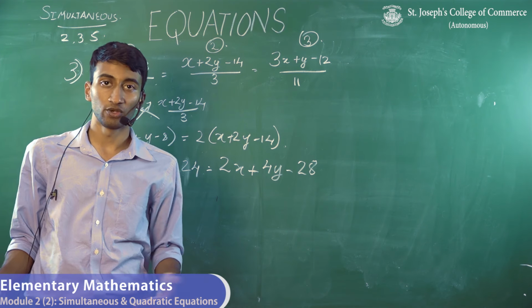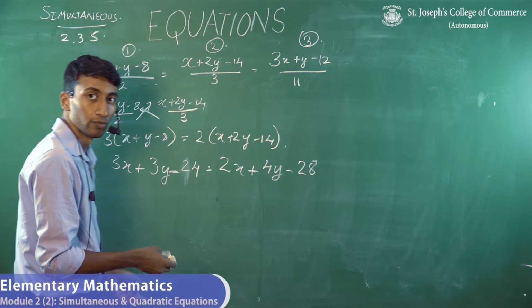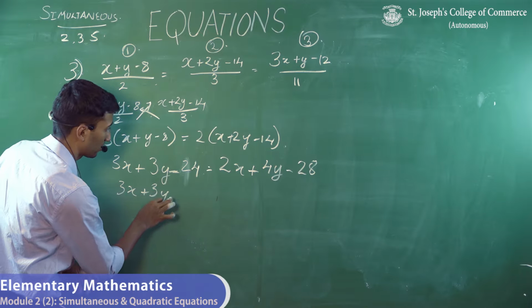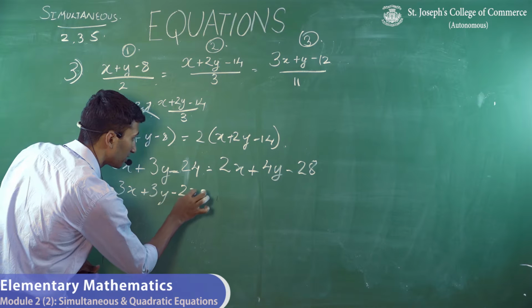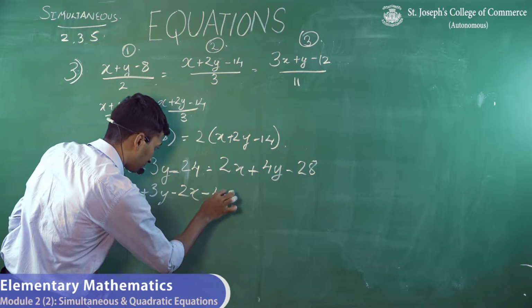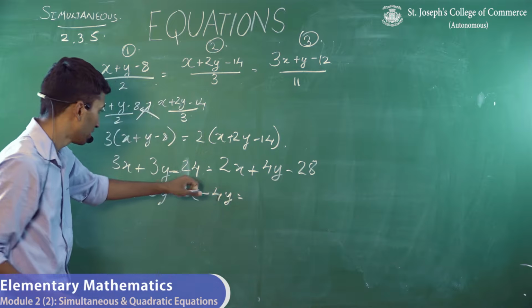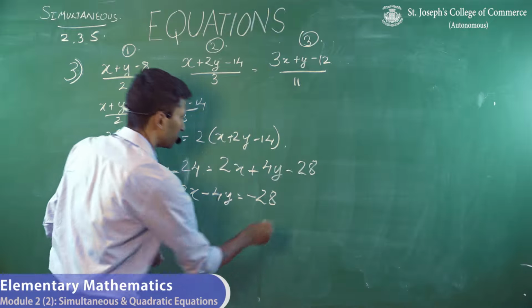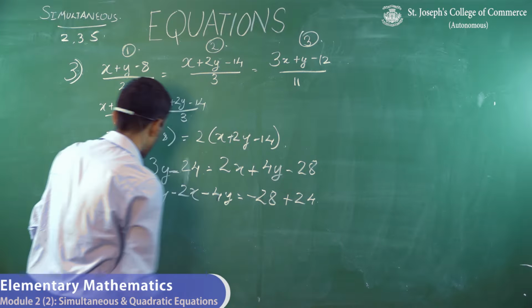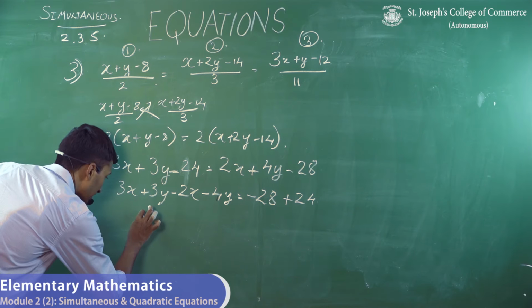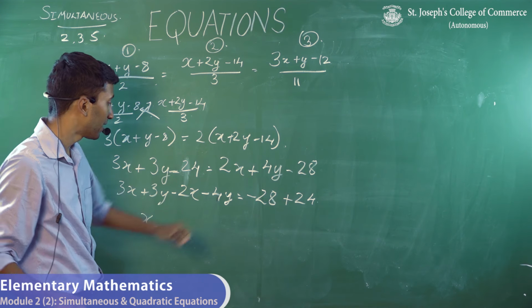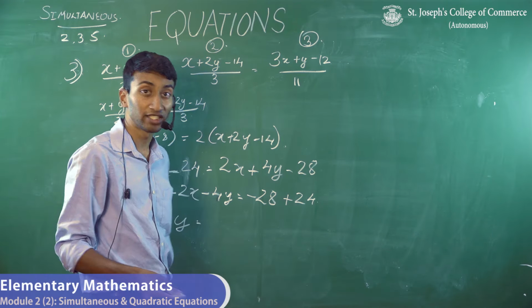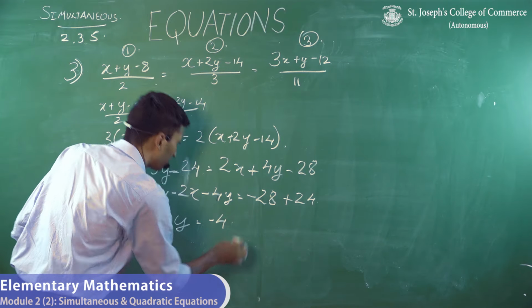Now I take the variables on one side and the constants on the other side, which would mean 3x plus 3y minus 2x minus 4y is equal to minus 28, and minus 24 will give me plus 24. So 3x minus 2x will give me x, plus 3y minus 4y will give me minus y, is equal to minus 28 plus 24 will give me minus 4.